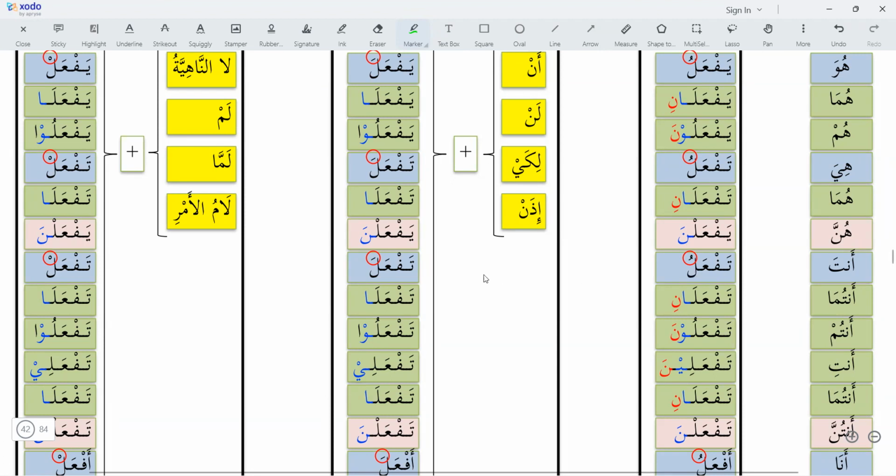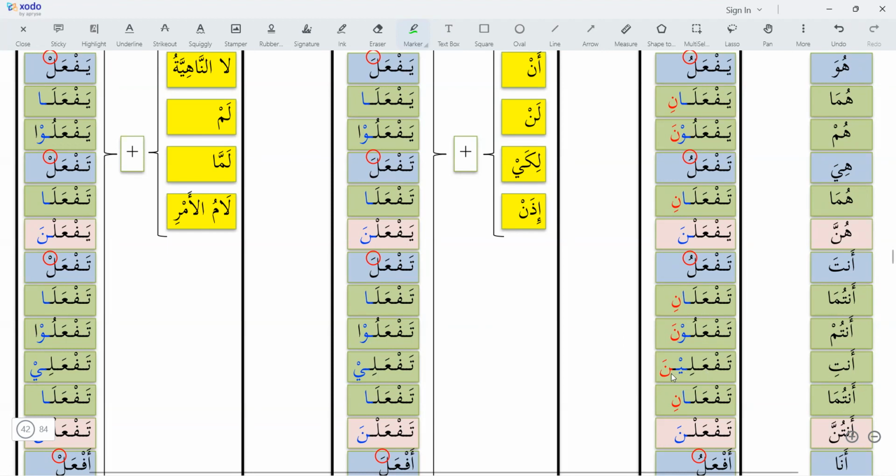Anta taf'alu, so taf'alu changes into an taf'ala. Antuma taf'alani, the noon comes. An taf'ala, the noon goes. Taf'aluna, the noon comes in marfu. An taf'alu, the noon goes because of the an.